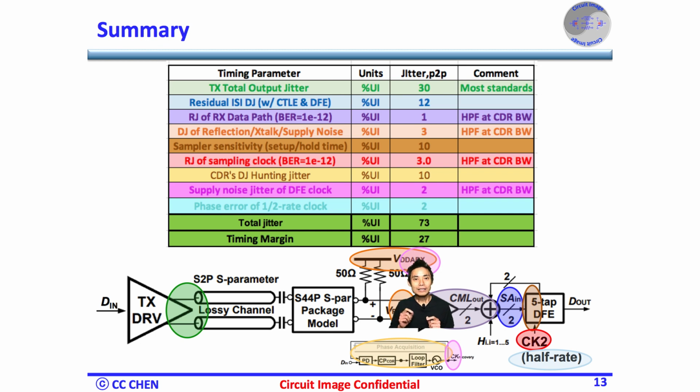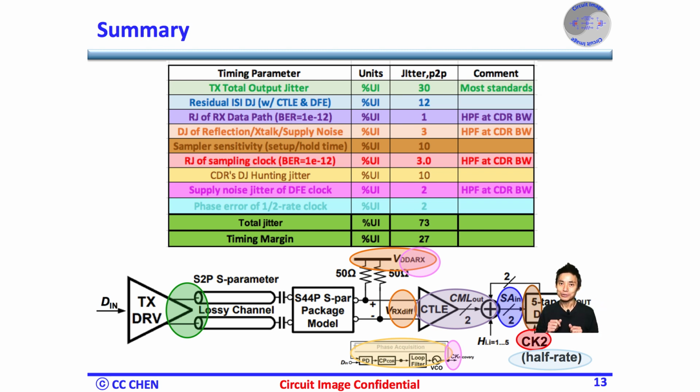Fourth, other DJ from the reflection, crosstalk, and supply noise shows only 3% UI owing to a good design exercise. Fifth, the simplest setup and hold time may require a total of 10% UI for the needed arrival time before and after the data transition.